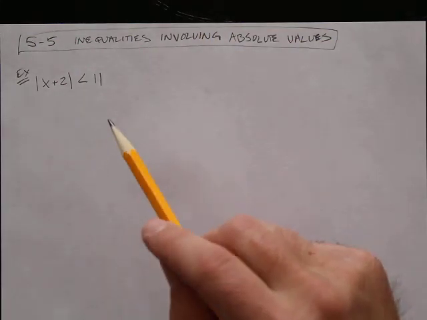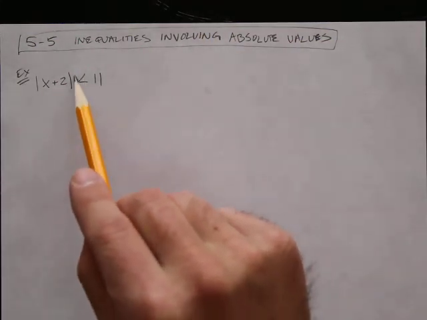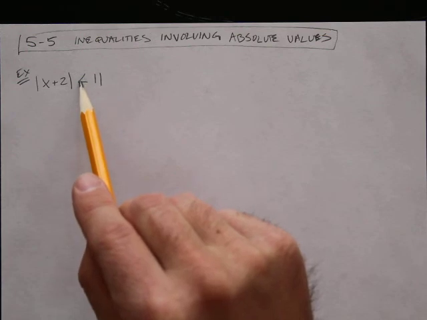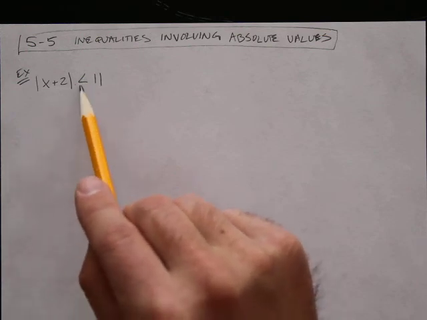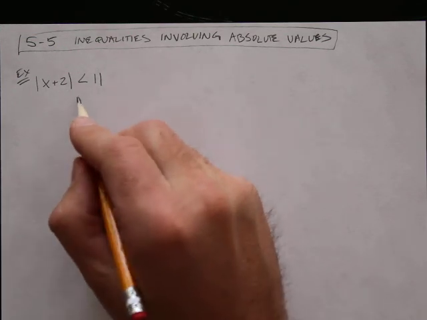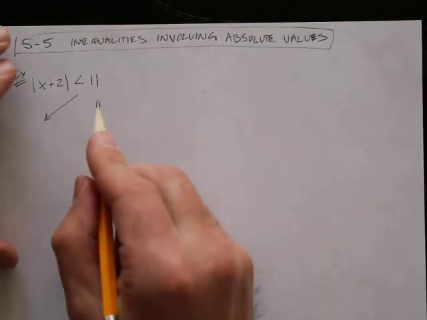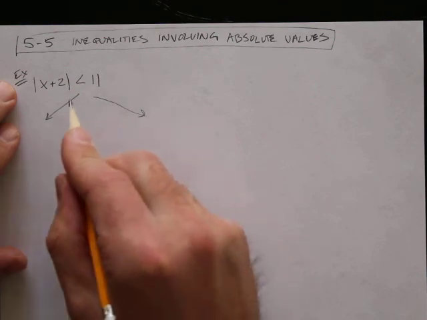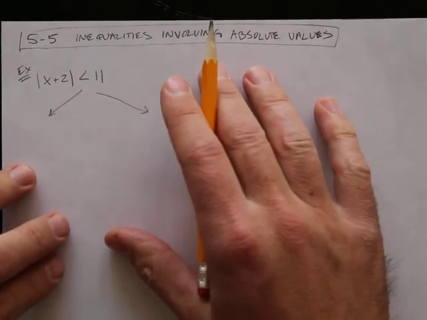All right, so when we were working with absolute values and equations, we would split this up into two equations. And we're going to do that same thing here, but we have to do one special extra thing when we split these two.